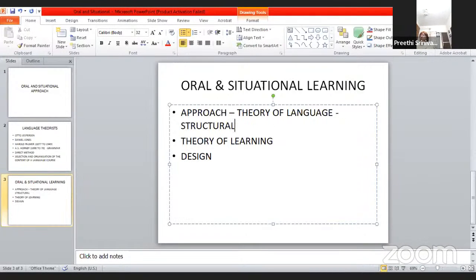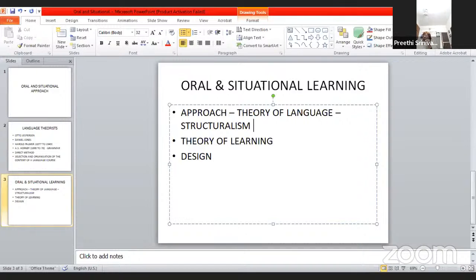That is why Harold Palmer gave so much importance to grammar. They wrote grammar textbooks. They researched a lot about the structure of the language and wrote grammar books. So the theoretical basis of the oral and situational approach is structuralism.